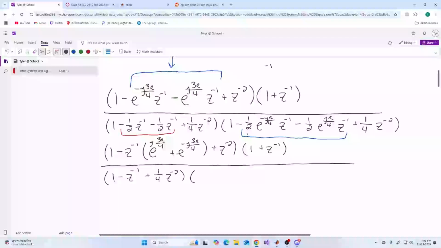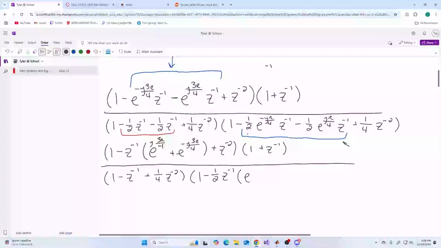Now for this one down here, I'm going to pull out a negative 1/2 z to the negative 1. You'll see why. So 1 minus 1/2 z to the negative 1 times, like I said, I'm just switching the order of the e's because addition is commutative is the correct word.